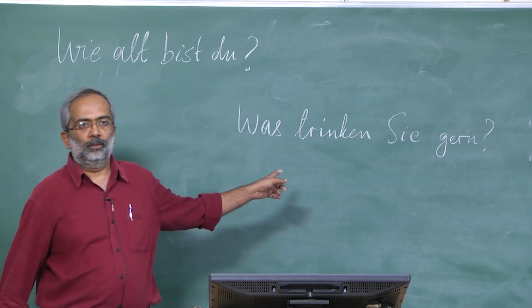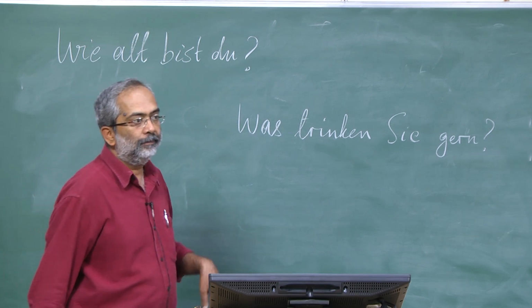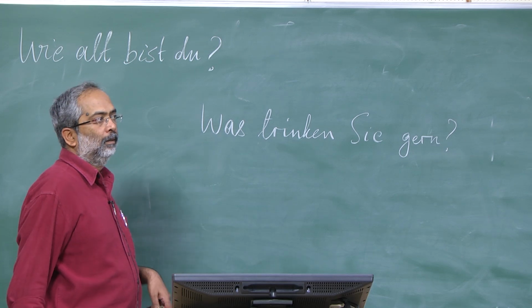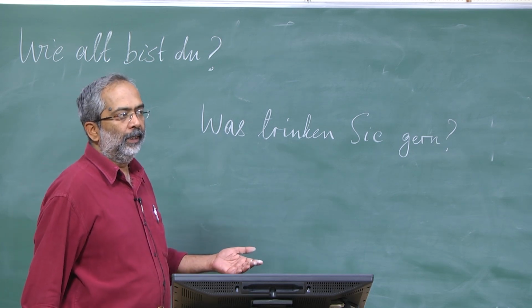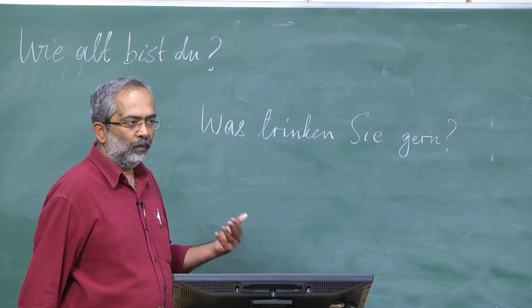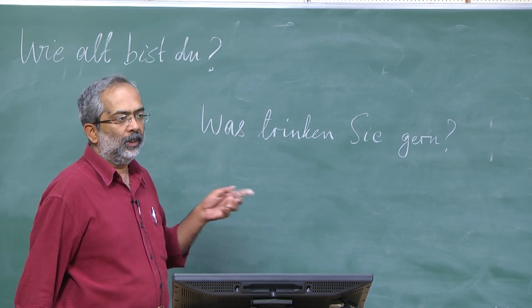This question we know. Was trinken Sie gern? Is clear? Yeah. So what's the difference between was and we? In German, there is a difference between was and we. In English also there is a difference, just like the difference between what and how. Okay. But it is not a one-to-one correspondence between English and German.